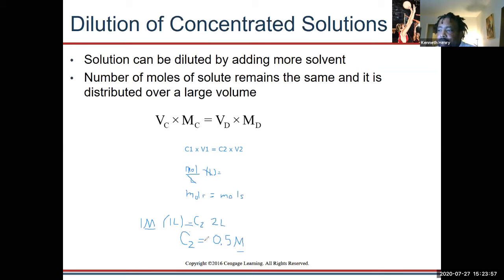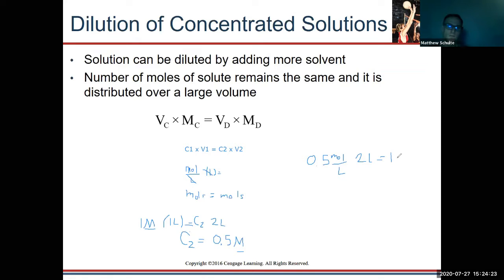If we have half molar here and we multiply that by 2, how many moles are we going to have? We're saying we have 0.5 moles per liter, which is molar, and we multiply that times 2 liters. How many moles are we going to have? 1, which is exactly what we started out with. 1 times 1 is going to be 1.